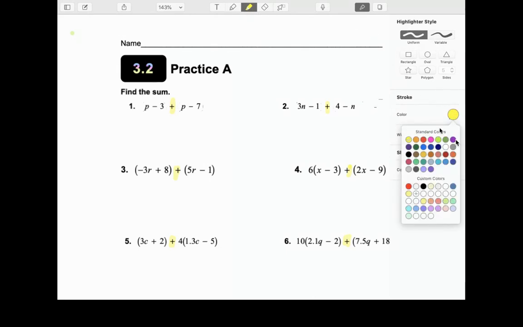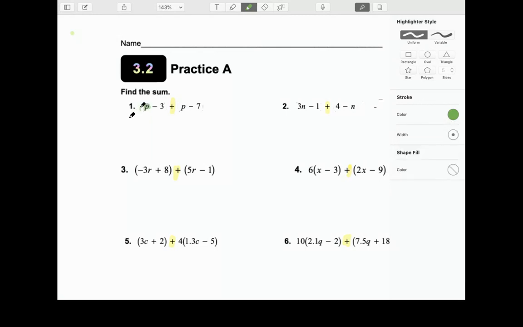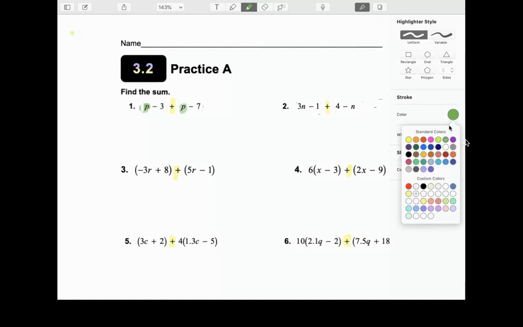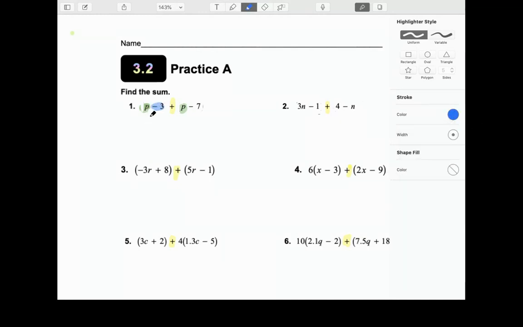So what we're going to be looking for are those like terms. We have these p's here that are like, and in this problem we have constants, so these constants are like.